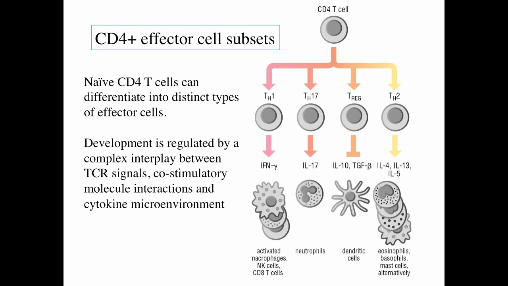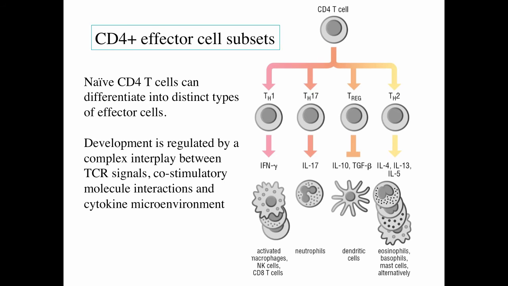organisms that they've phagocytosed. Whereas Th17 cells are characterized by their ability to make this other cytokine called interleukin-17 that ultimately results in activation and recruitment of neutrophils, whereas Th2 cells make yet other cytokines, predominantly interleukin-4, interleukin-5, interleukin-13, and these cytokines are especially good at activating B cells to make certain types of antibodies that we'll talk about when we talk more about B cell antibody activity, but also make other cytokines that are good at activating characteristic inflammatory responses that are associated with allergic inflammatory responses, like eosinophils and basophils and mast cells.